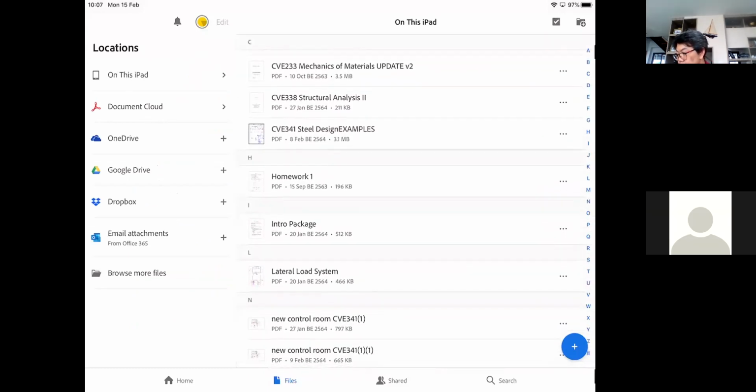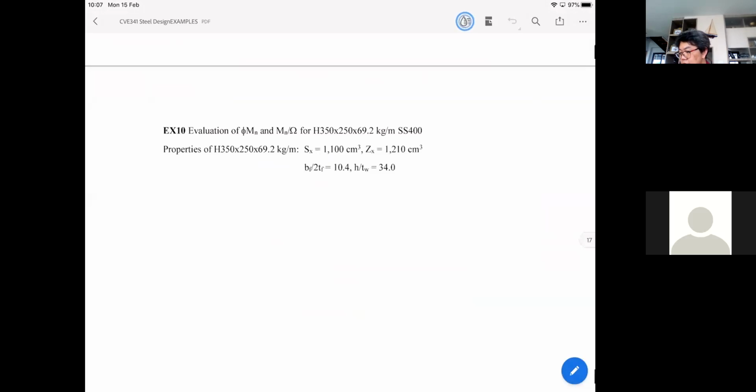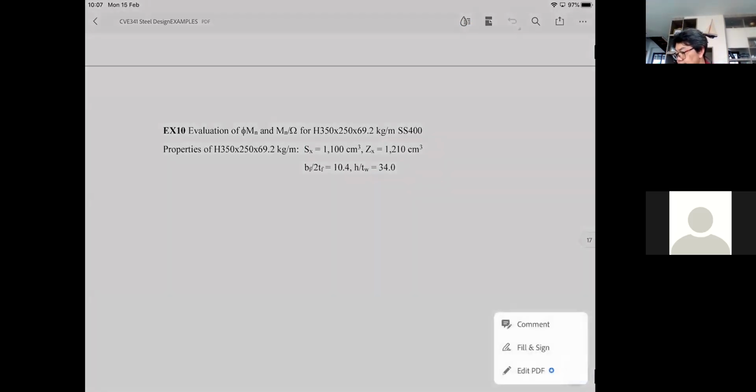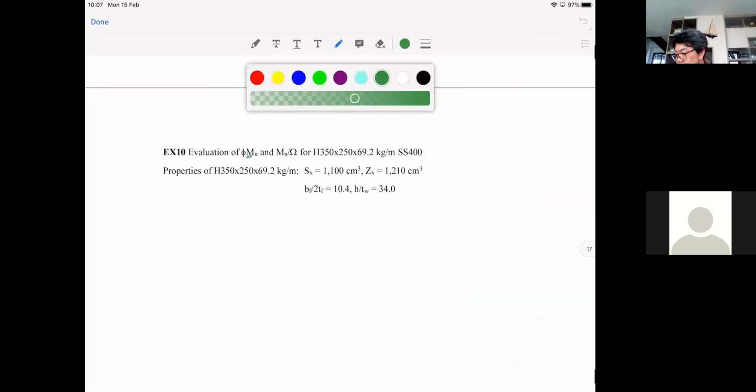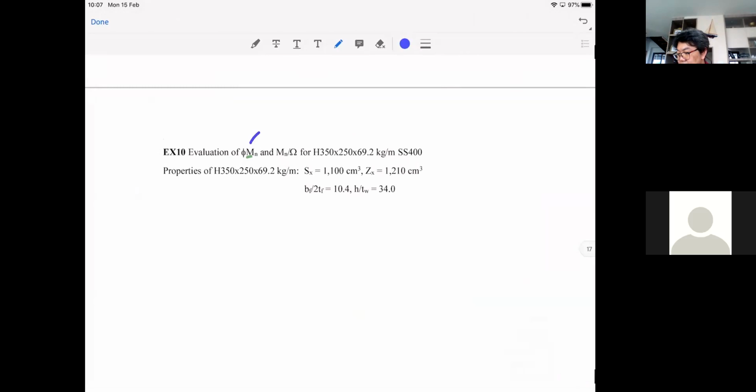Where? Oh, here. Okay. So the first one is just a simple evaluation of the moment capacity in LRFD. Right? Because it's VMN. So let's use the blue. That's LRFD.